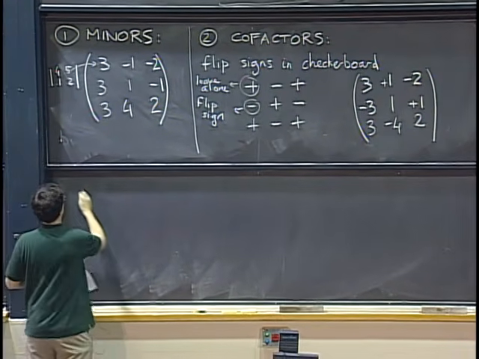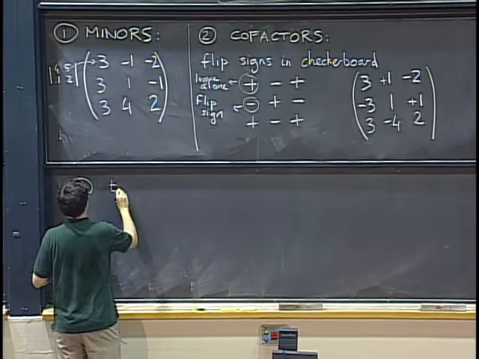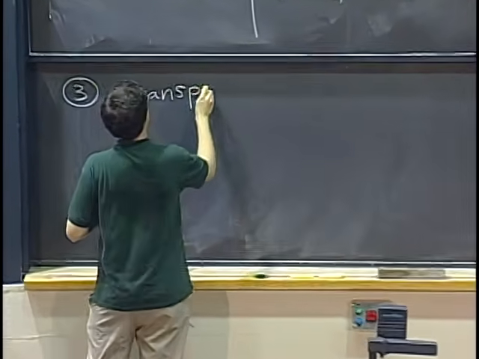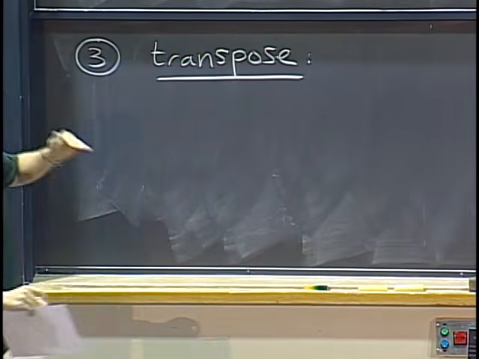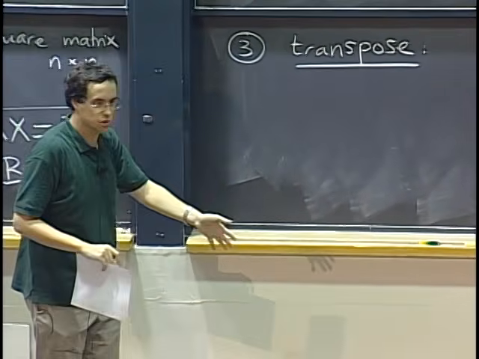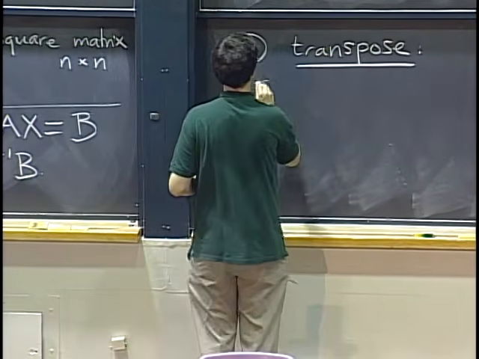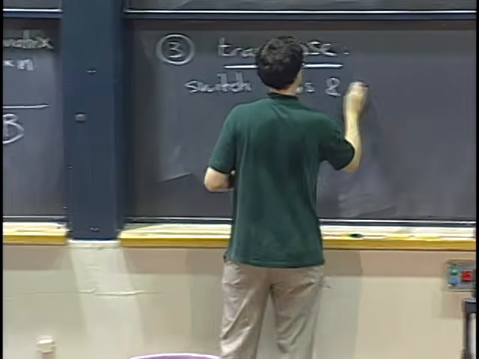Okay, we're almost done. The third step is to transpose. What does it mean to transpose? It means you read the rows of your matrix and you write them as columns, or vice versa. So we switch rows and columns.